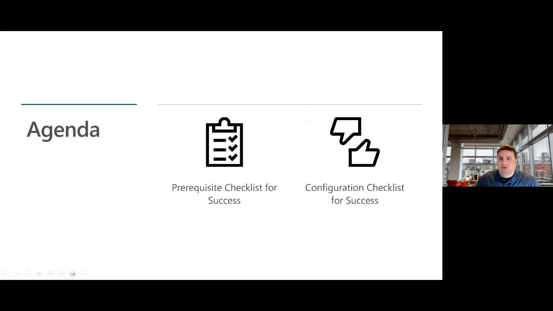All right, so just starting at a very high level, setting expectations for this content. What we will cover today is a prerequisite checklist for success and a configuration checklist for success, and we want to slice it into these two steps. It's an exciting product.